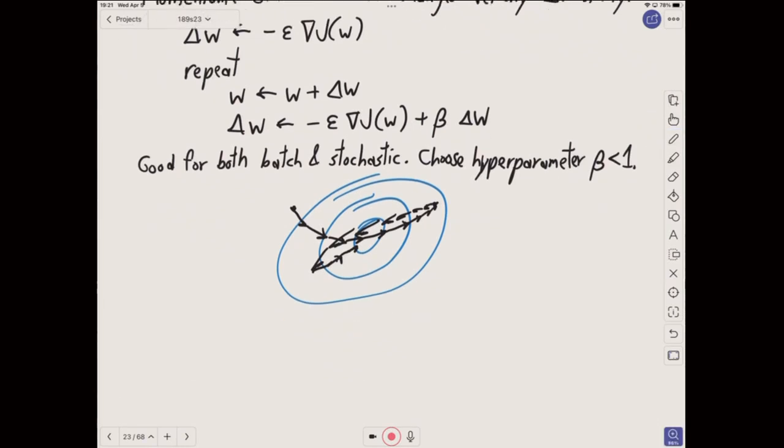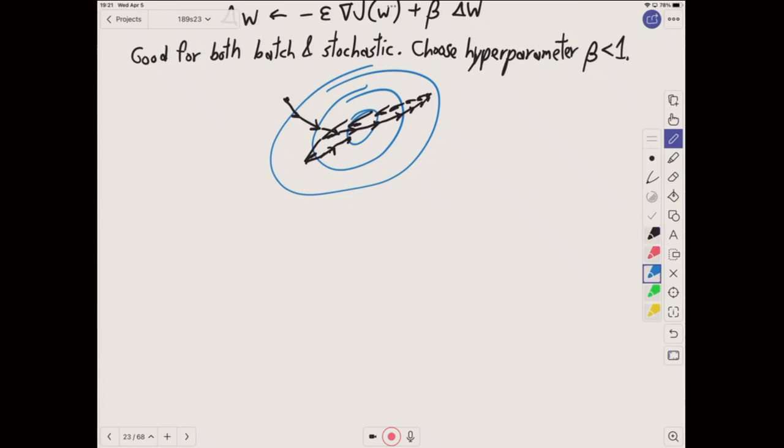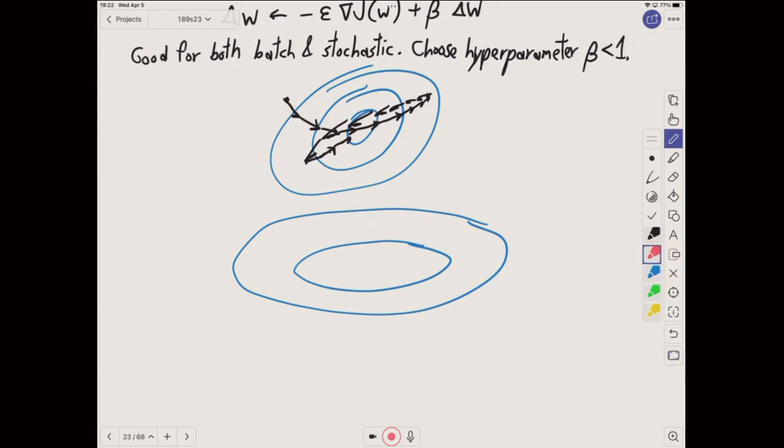Let me give a sort of example that maybe clarifies what momentum gives you. All right, suppose that I have a very oblong curve like this, and I don't use momentum. I'm liable to sort of zigzag back and forth and take a long time to get there because I'm zigzagging. Now suppose I do the same thing with momentum. Well, maybe the first step is the same, but the second step has some of the first step in it.